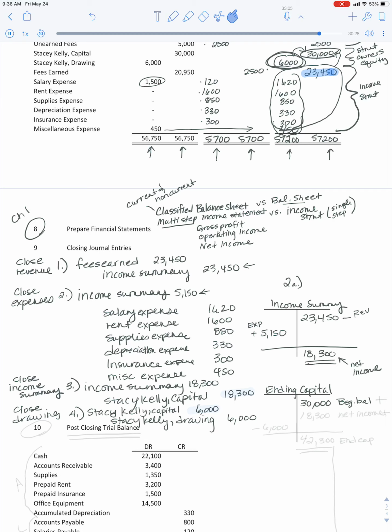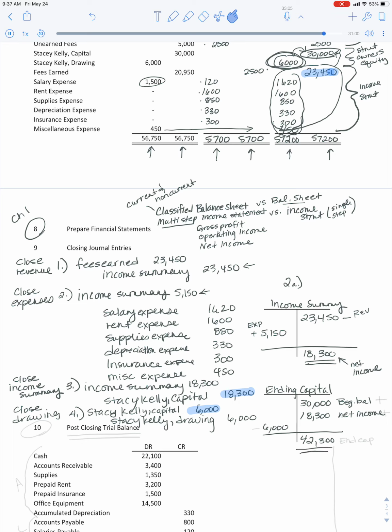And then we credited capital for 18,300, which is our net income, increasing our capital. And then we took out our draws, decreasing our capital. So the ending balance in our capital account is 42,300.